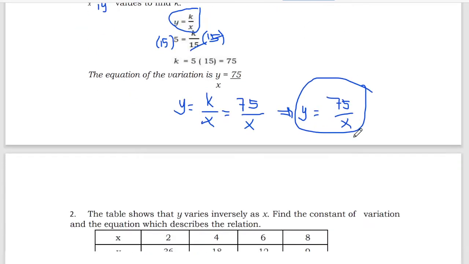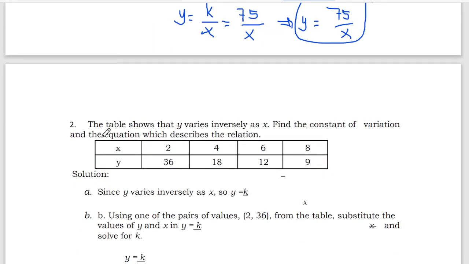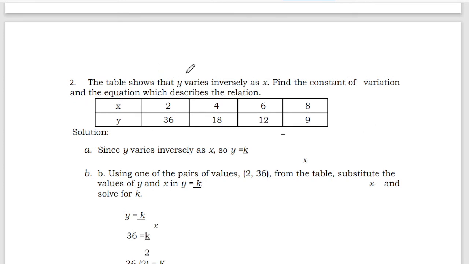Then next, number 2. The table shows that y varies inversely as x. Find the constant of variation and the equation which describes the relation. So here, again, since the statement is y varies inversely as x, you're going to translate that into an equation, which is this one, over x.